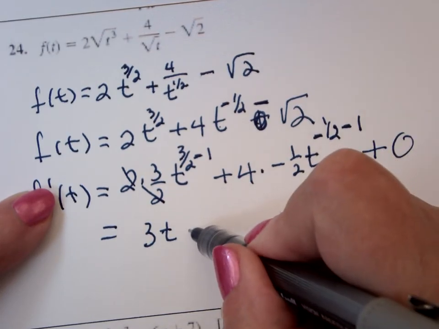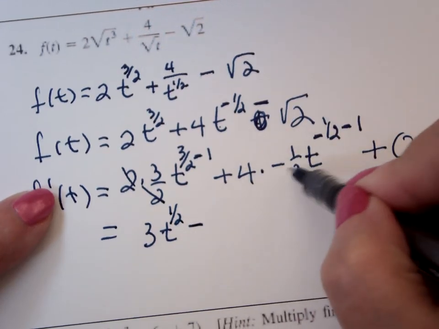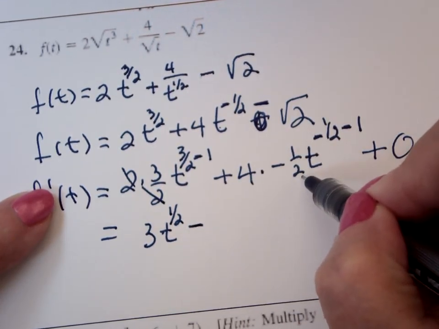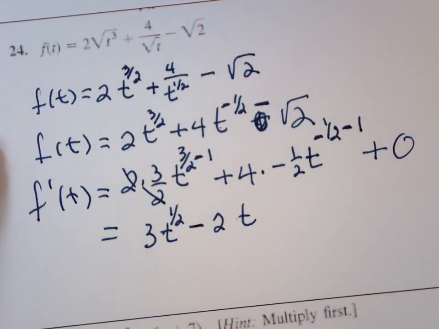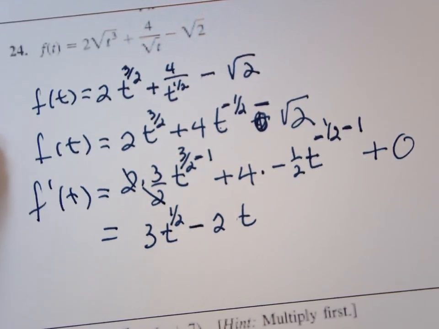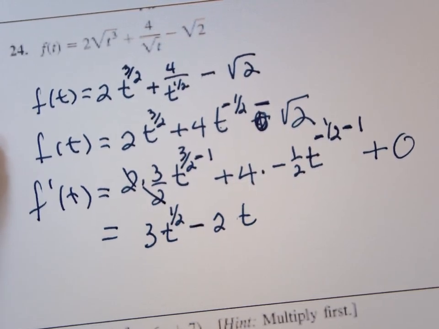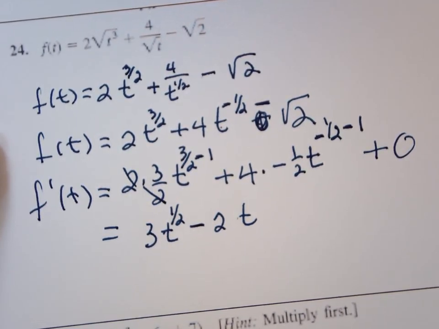Okay, and then this becomes minus 4 times 1/2 is 2t to the minus 1/2 minus 1. What's 1 in halves? 2 over 2. So if I had minus 1/2 minus 2 halves is minus 3 halves.